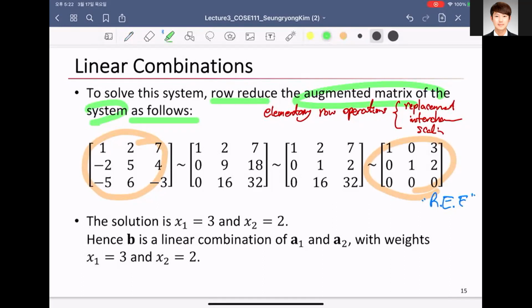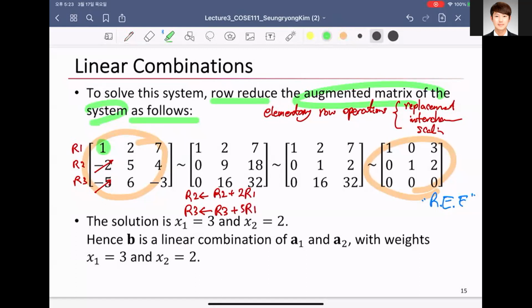Okay, how can I do that? Let's work pivot by pivot. First of all, we want to make this a pivot position, so we have to eliminate this term to 0 for the REF form. This is R1, R2 and R3. To eliminate this, new R2 is going to be R2 plus 2R1, and new R3 is going to be previous R3 plus 5R1.